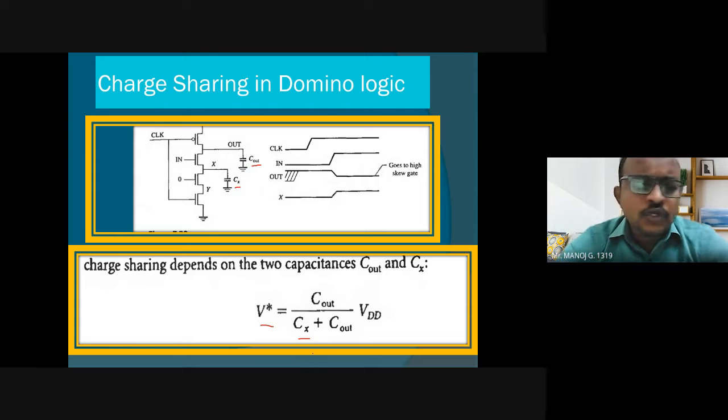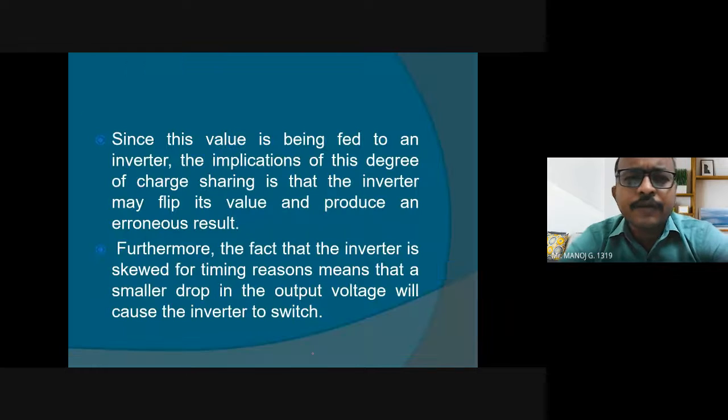They might give you a figure with two capacitance values and ask you to evaluate the charge sharing. So you should be clear when you are finding out the capacitance value. This is the first thing you should keep in mind.